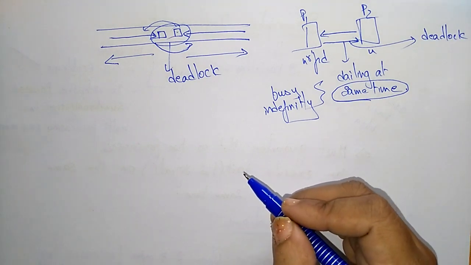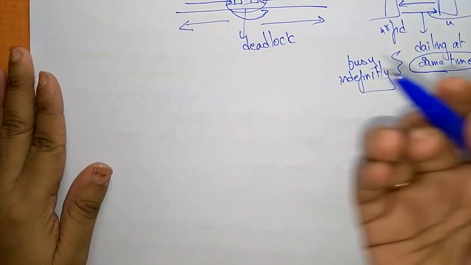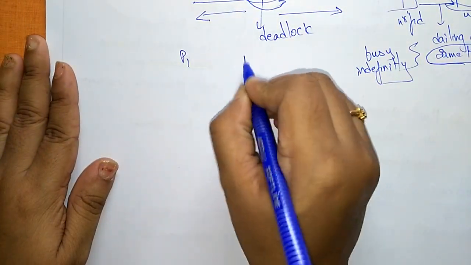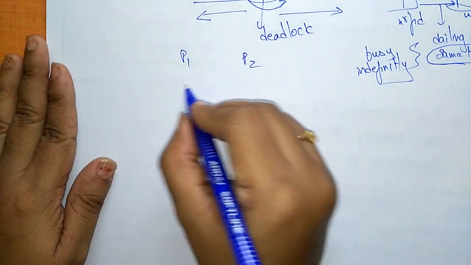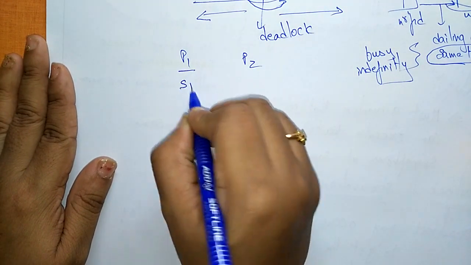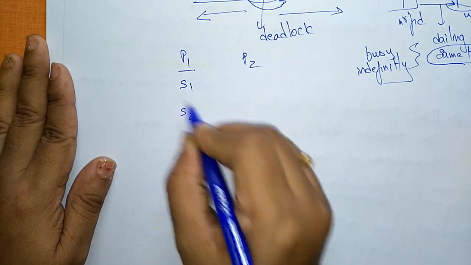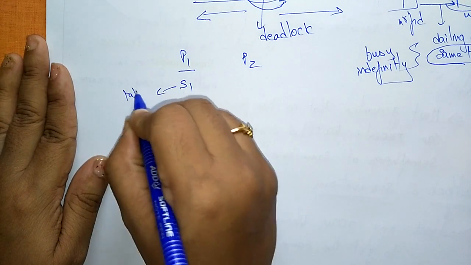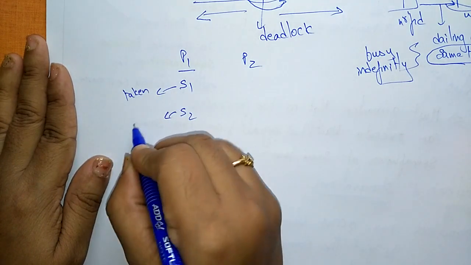So this deadlock may also occur when using semaphore values. Suppose P1 is a process and P2 is a process. Here P1 has taken the S1 semaphore and is waiting for S2.